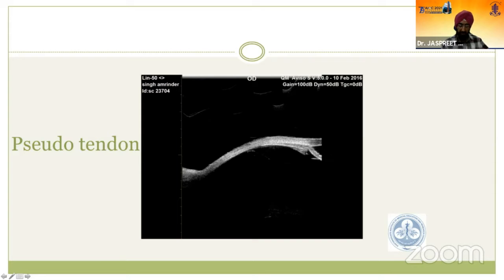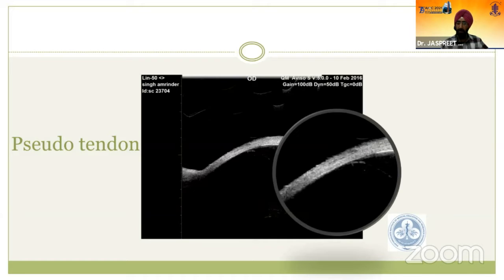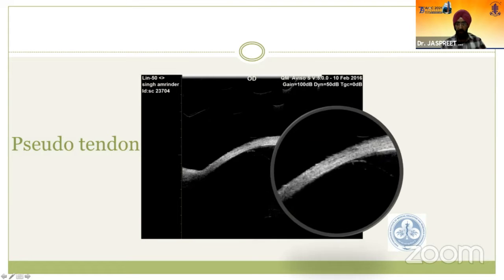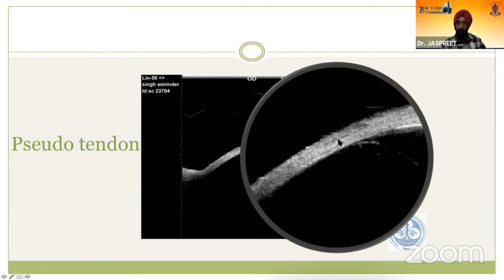So yes, this is not easy. It's not easy to identify in the first go. You would need to see many UBMs, you would need to do UBMs to be able to delineate what this looks like. In the magnified view again, this small area here, that's like a pseudo tendon.